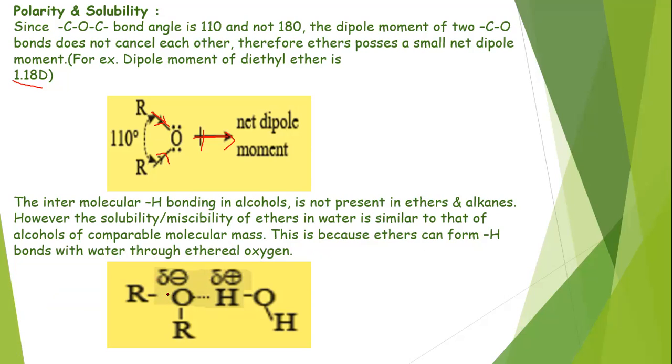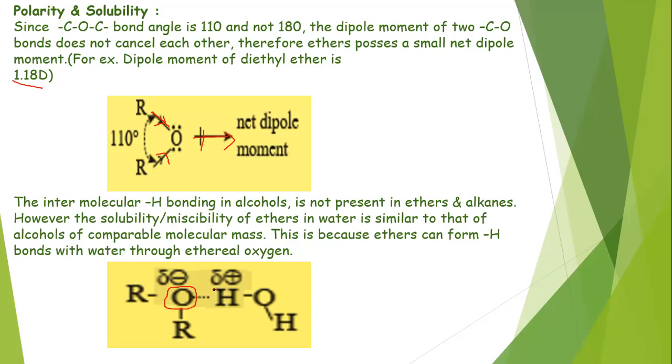So this is ethereal oxygen, and this ethereal oxygen has partial negative charge. This can form hydrogen bonding with H plus ion of water molecule.